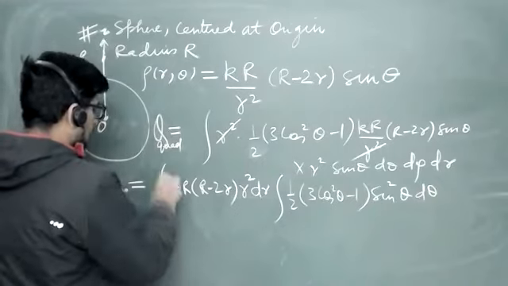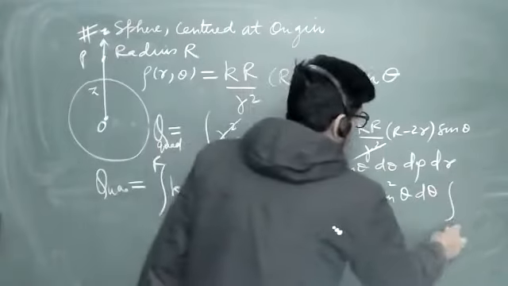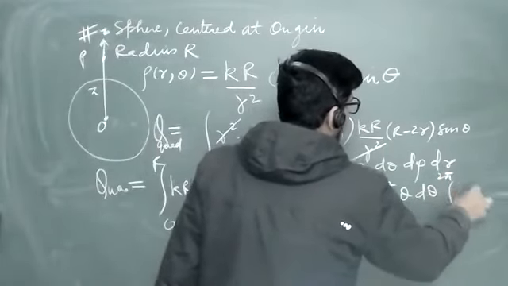So this is from 0 to r, this is from 0 to pi, and this is from 0 to 2 pi and d phi.